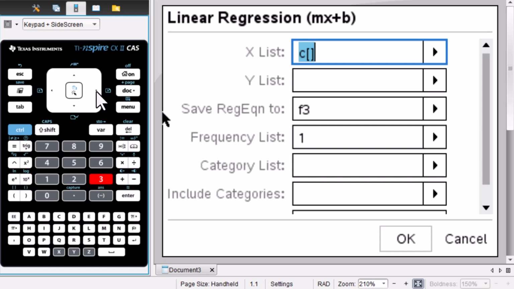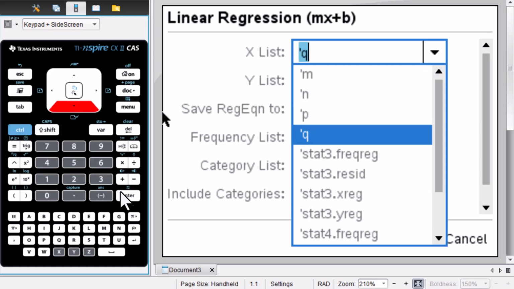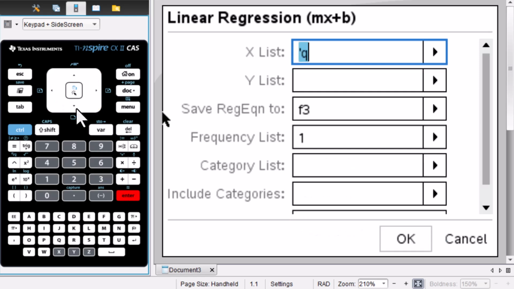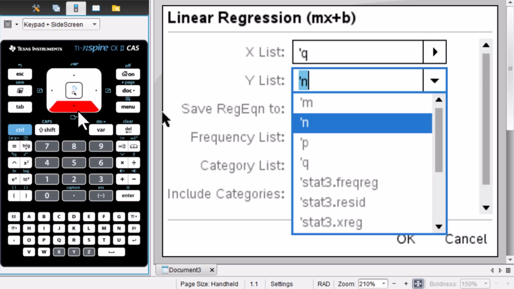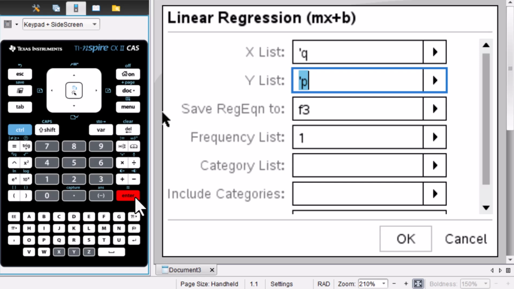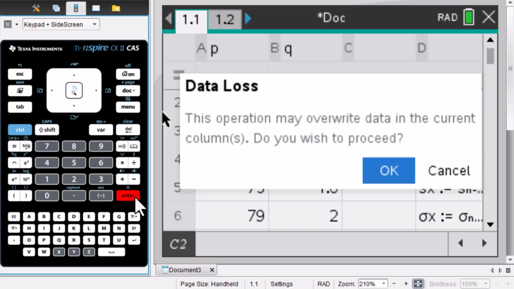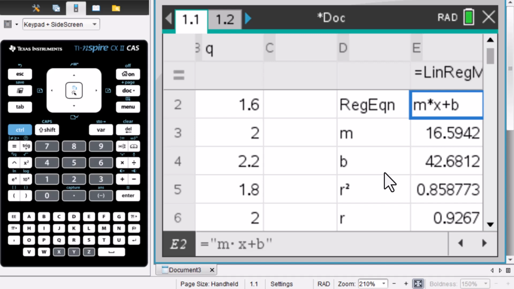This time, X list is Q instead of P. Right arrow button. Go to Q. Enter. Right arrow button. Go to P. Then enter. OK.